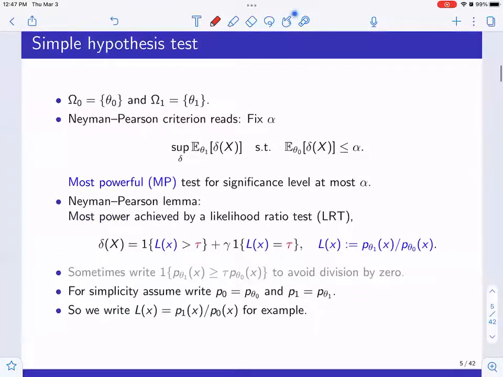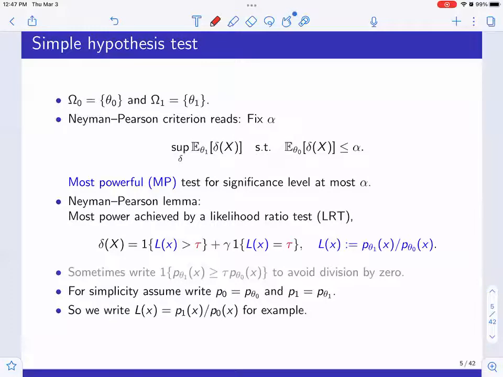So the Neyman-Pearson criterion is like this. Think about the simplest case first, where omega naught and omega 1 just contain a single element, theta naught and theta 1. This is sometimes called simple hypothesis testing.